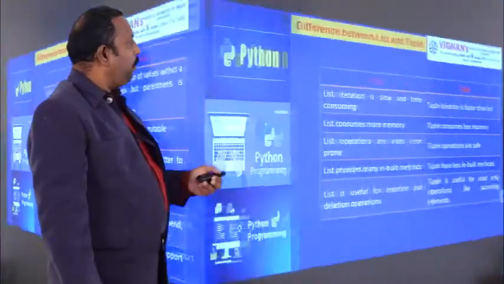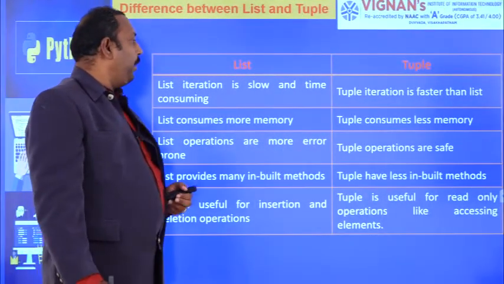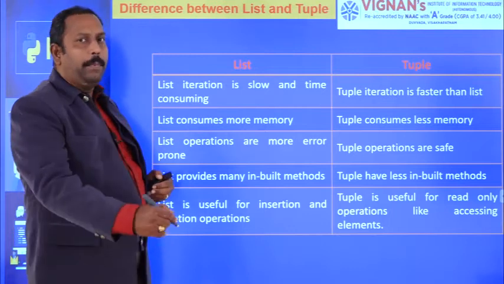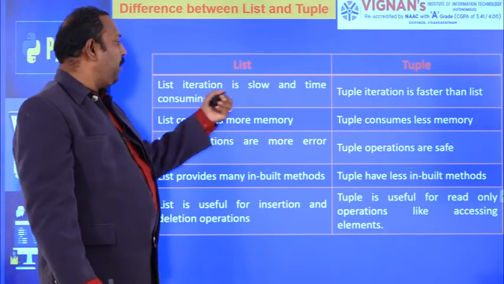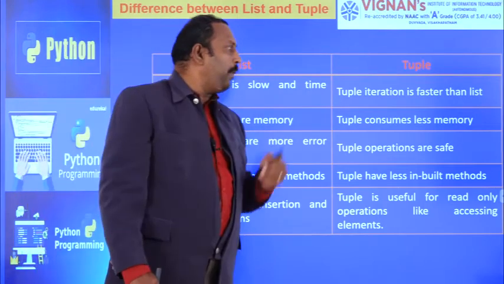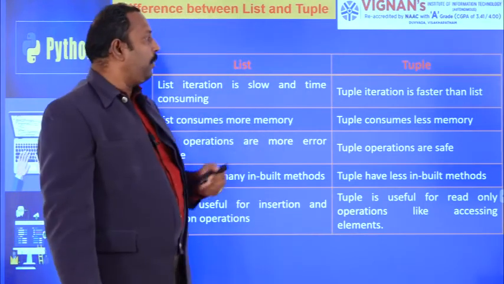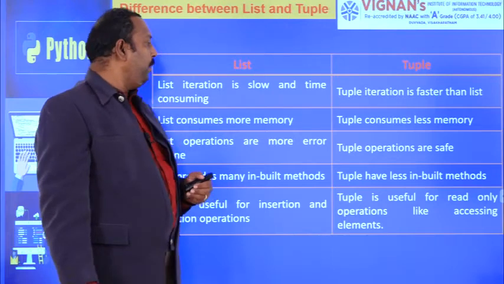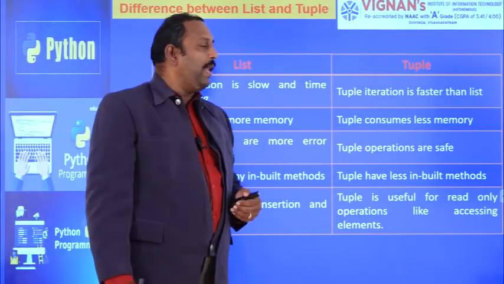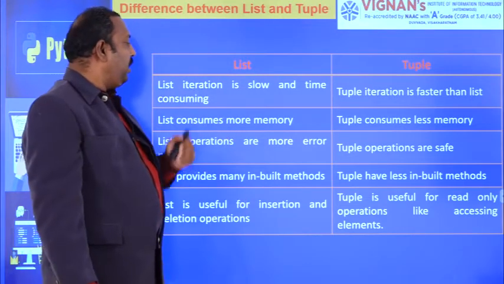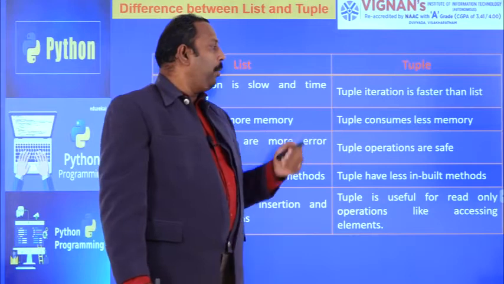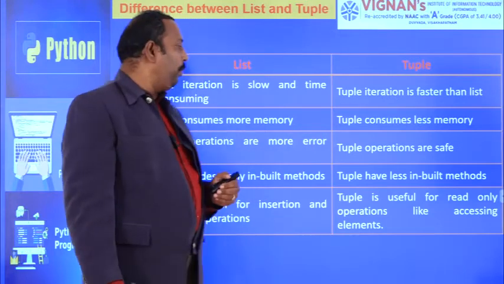Also we have some more differences. List iteration is slow and time consuming because every time we can update the values, whereas tuple iteration is faster than the list. A list consumes more memory and a tuple consumes less memory, because updation and deletion will be done in a list, so memory may increase, but in a tuple memory will not increase.